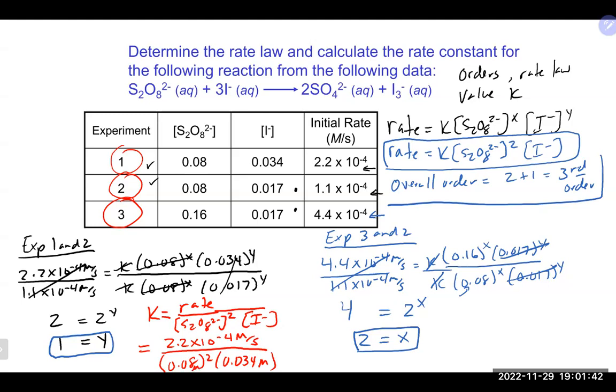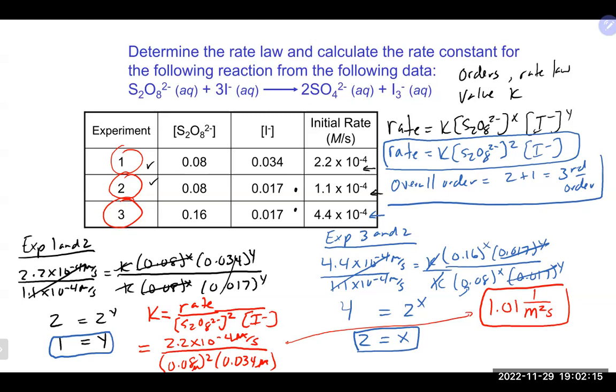When we do that, we will end up with 2.2 times 10 to the minus 4 divided by 0.08 squared and divided by 0.034. Going to give us a rate constant here of 1.01. Units: molarity on top and bottom will cancel. 1 over molar squared seconds would be our units left over at that point.